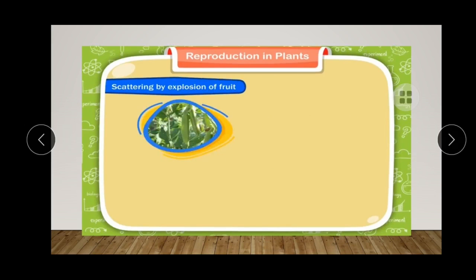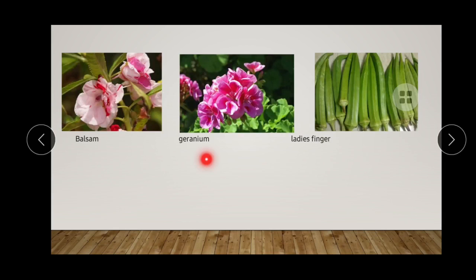The last one is dispersal by explosion. You can see peas, balsam, geranium, ladyfinger. These are the kind of fruits which, after a certain period of time, explode open with great force.